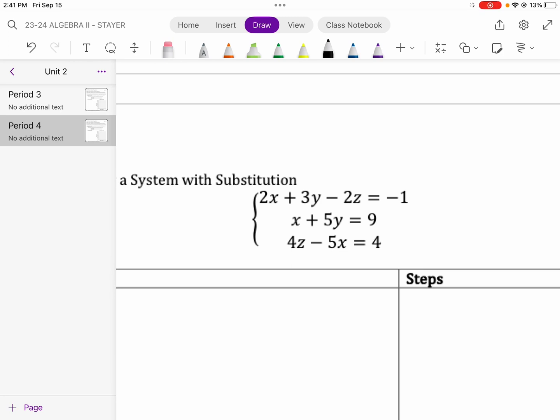This problem right here. When we're looking at it, notice that not all 3 of them have all 3 letters. If we strategically plan this out, we could eliminate some of the work. Maybe I want to switch this around. It says -5x plus 4z equals 4.